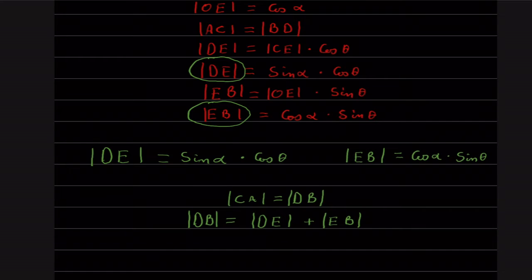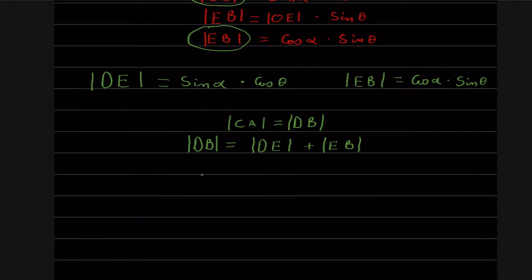So we know that overall CA is equal to sine alpha cos theta plus cos alpha sine theta.